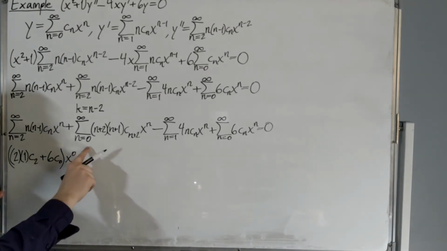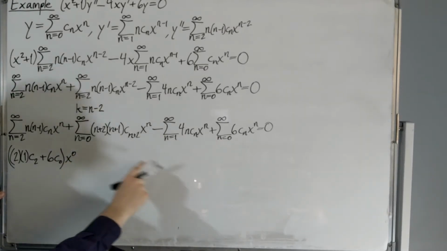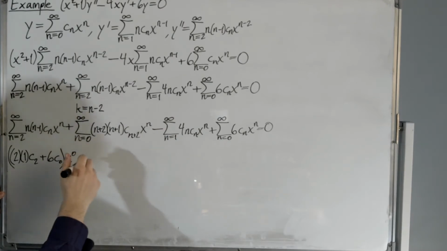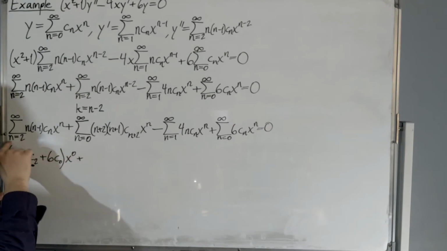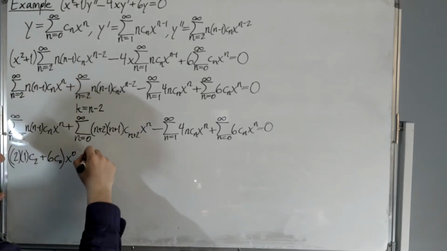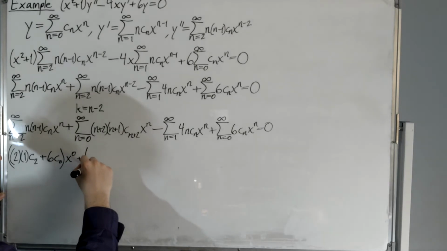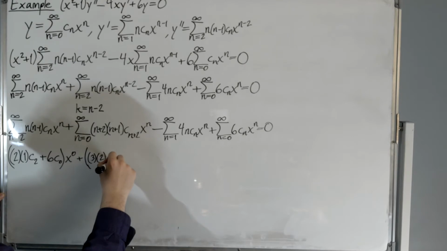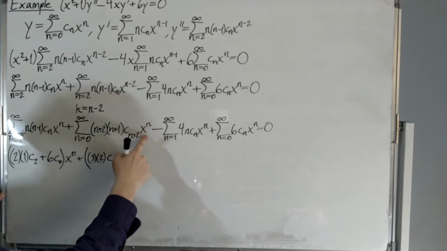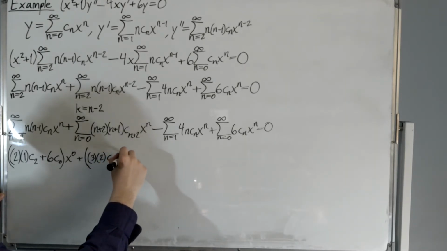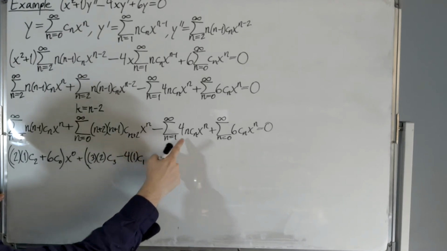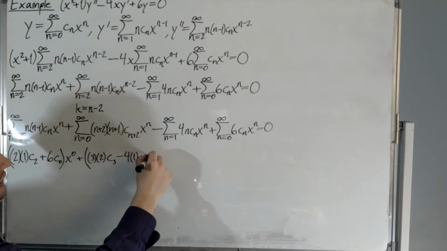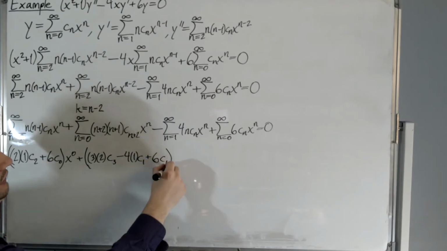Now, these last three terms have n equals 1 terms, so we're going to have to separate those out because those are not present in the first series. So we're going to have here 3 times 2 times c_3 x to the 1, minus 4 times 1 times c_1 x to the 1, plus 6 c_1 x to the 1.